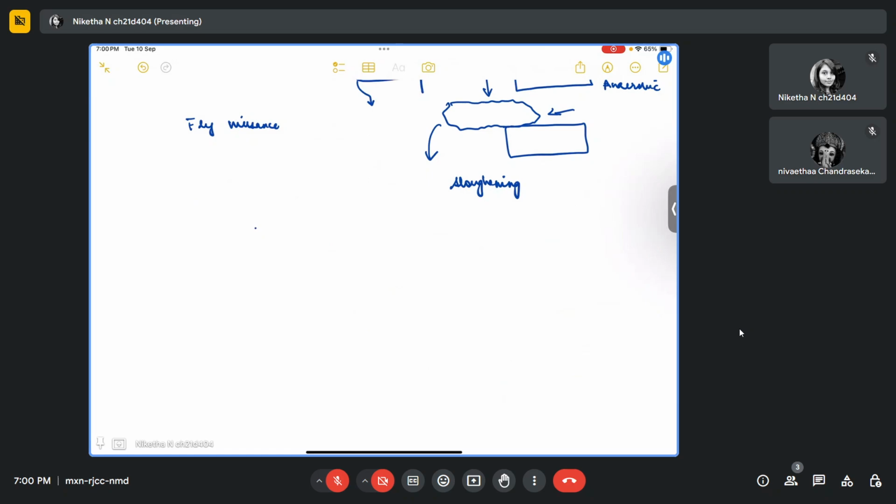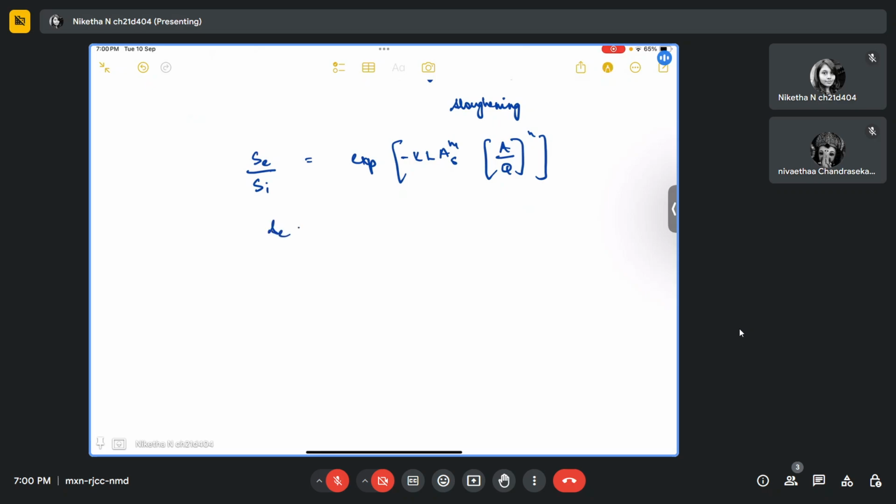So the performance of the trickling filter is given by this equation, SE by SI equals exponential of minus K L A_s to the M, A by Q to the N. Here SE is the concentration of the settled effluent from the filter, given in milligrams per liter, and SI is the concentration of the influent to the filter.